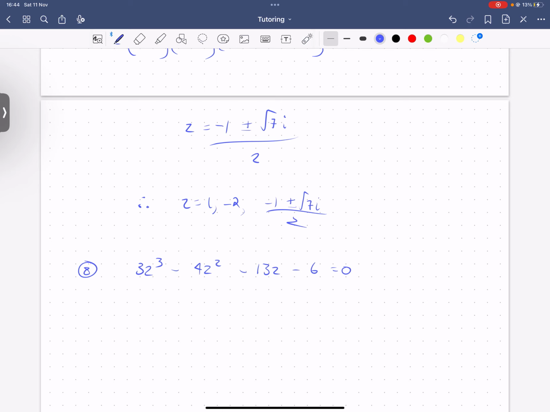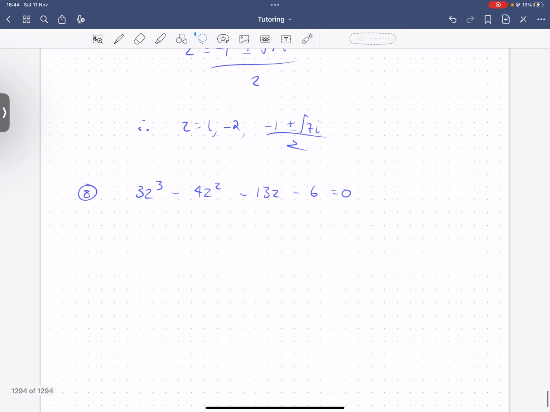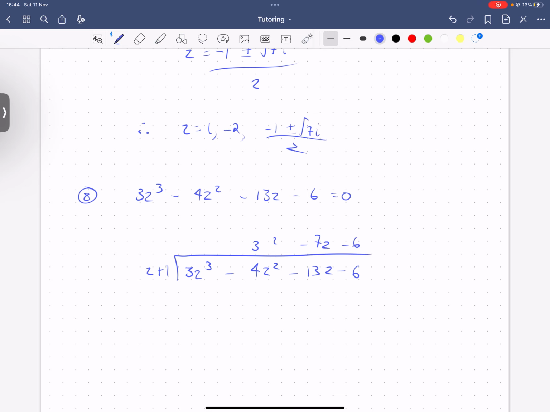So minus 1 is a factor, so let's divide by z plus 1. So we're going to go 3z cubed minus 4z squared minus 13z minus 6. Now again, if you do that, you're going to get 3z squared minus 7z minus 6.